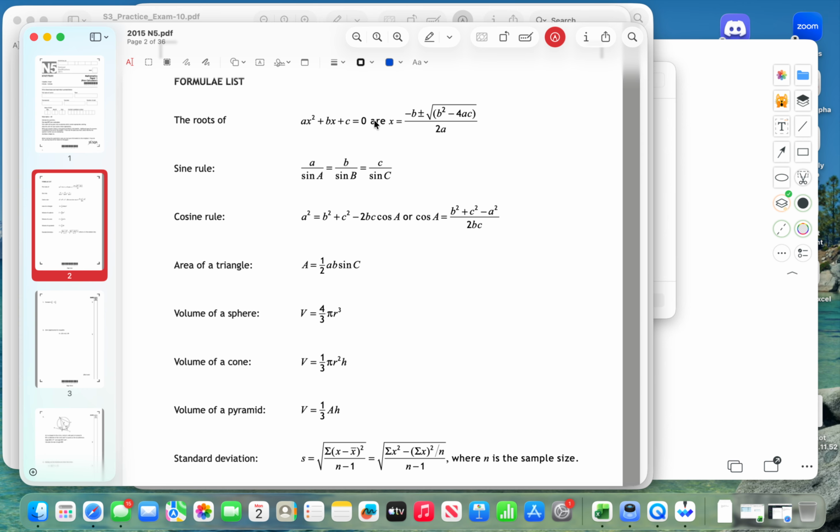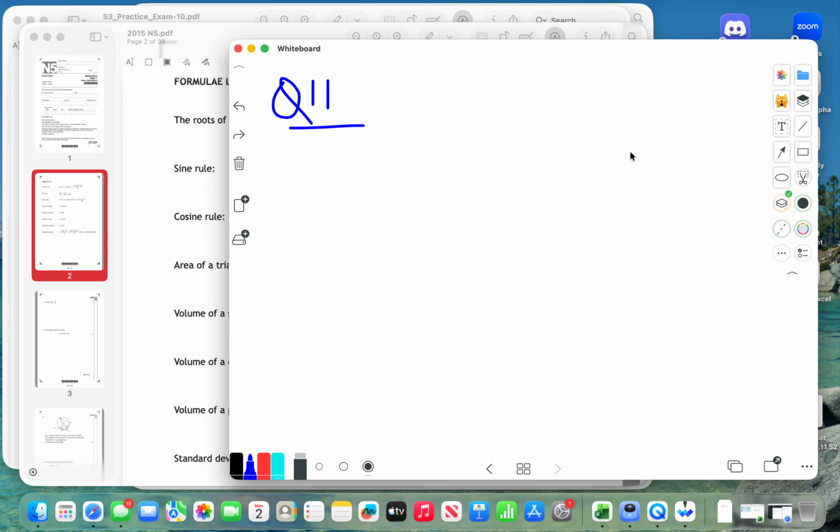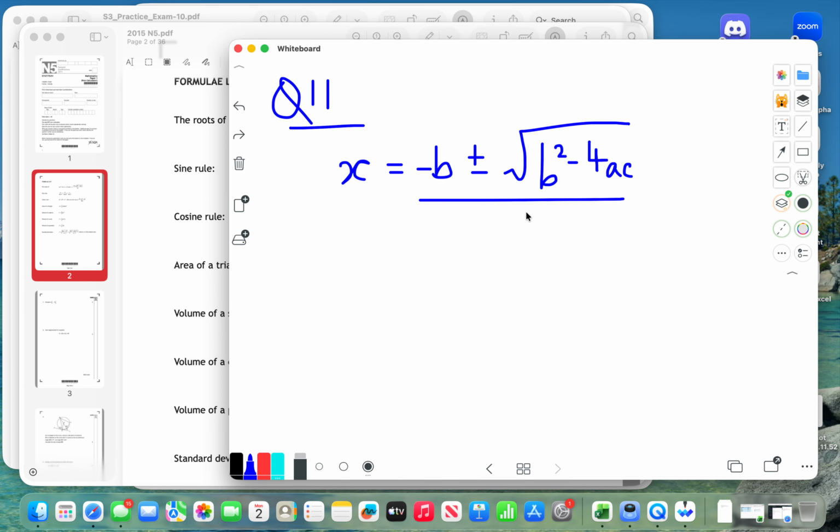The first one is the quadratic formula, and we have x equals minus b plus minus the square root of b squared minus 4ac, all divided by 2a.